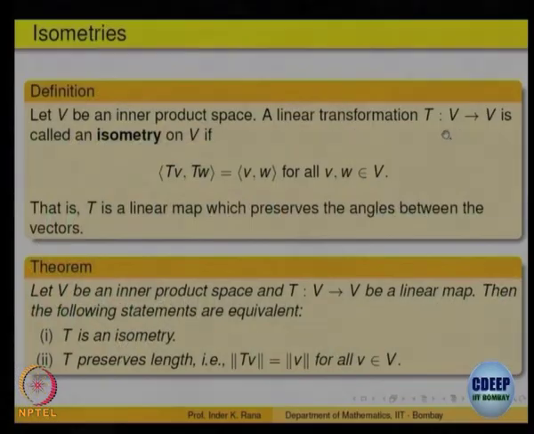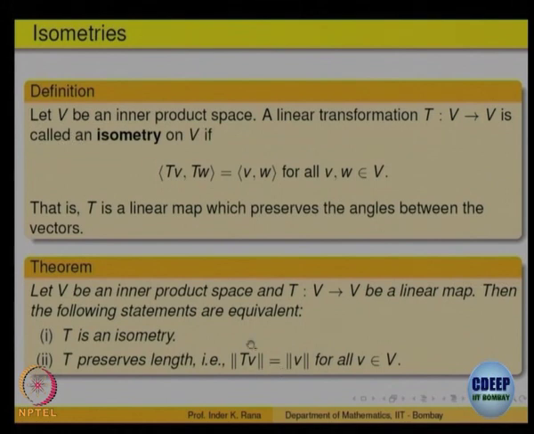A linear transformation T from V to V is called an isometry if the inner product of Tv and Tw is the same as the inner product of the original, v and w. So it preserves the inner product, and we have seen that the inner product is related to the notion of angle and distance. So it is not surprising that we have a theorem, namely T is an isometry if and only if it preserves the length also.